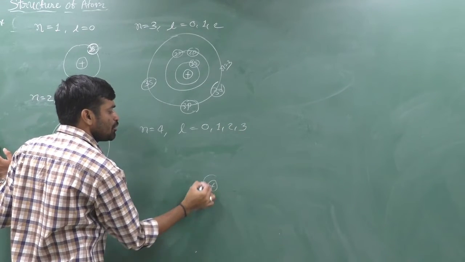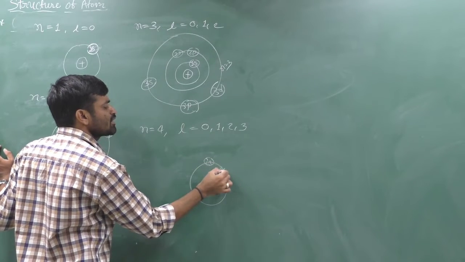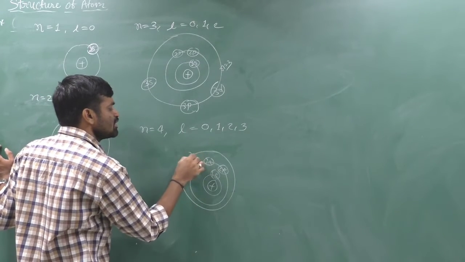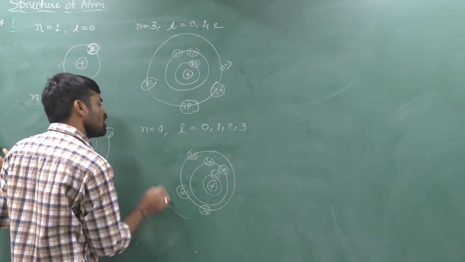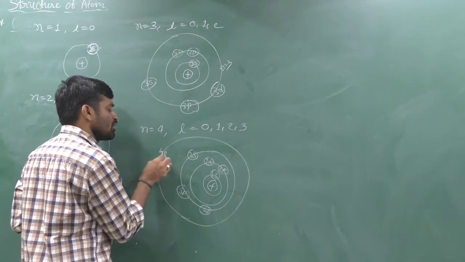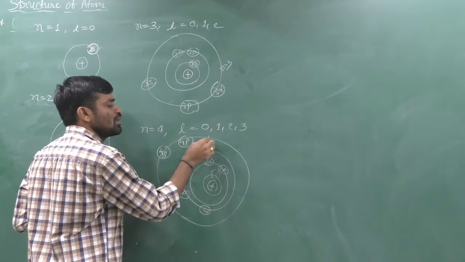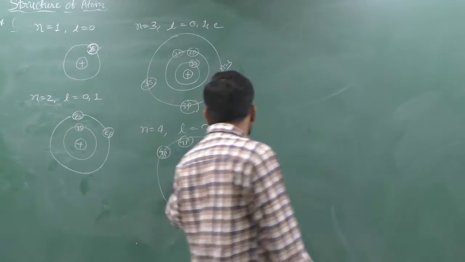It means that the first level contains 1s, the second level contains only 2s and 2p, the third level contains 3s, 3p, 3d, and the fourth energy level has 4 types of orbitals, 4s, 4p, 4d and 4f. S, p, d, f.